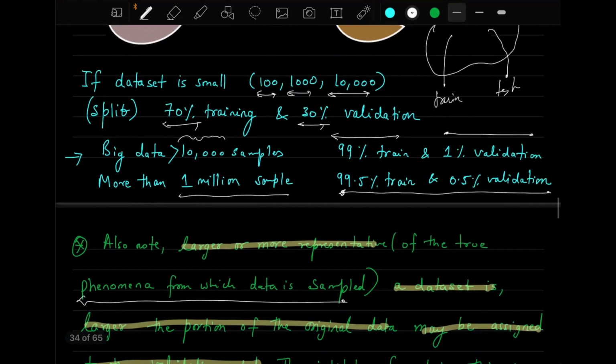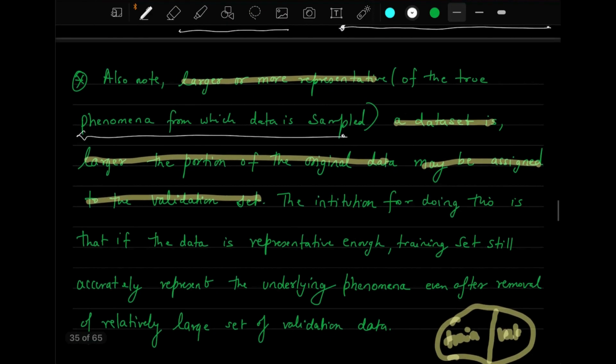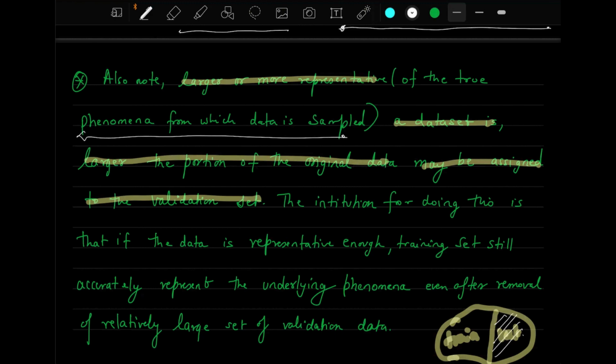So what it is saying here is that if the images which are present over here are a complete representation of this probability distribution, then you can bifurcate this into a larger space, like you can have more validation samples.